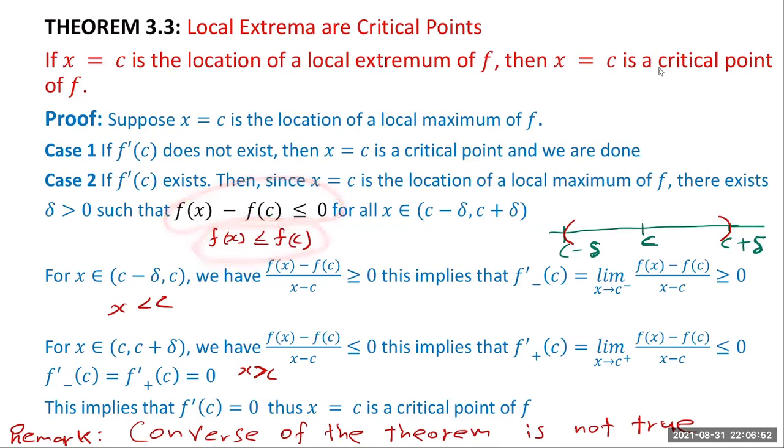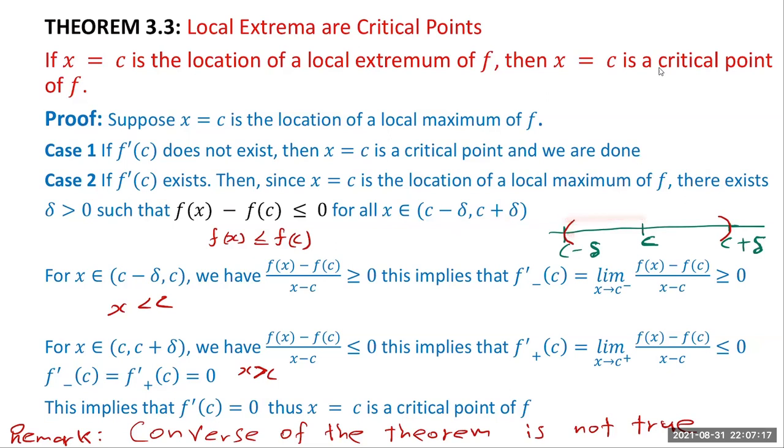I have written this inequality in a slightly different way by moving f of c to the left hand side. If it is a local maximum, we should be able to find delta greater than 0 such that f of x minus f of c is less than or equal to 0 for x between c minus delta and c plus delta. Now I'm going to focus on the left half of this interval.